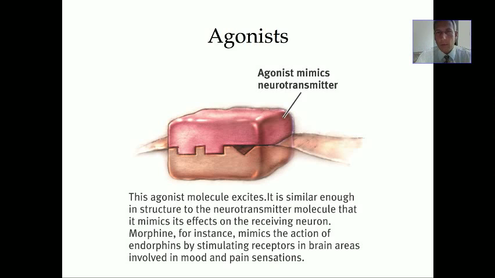We release that when our body is in pain, for example. Very similar in chemical makeup is morphine. So when morphine is introduced, it has the same effect as the endorphins and minimizes the pain. Heroin works the same way. We'll talk about heroin addiction at some point.